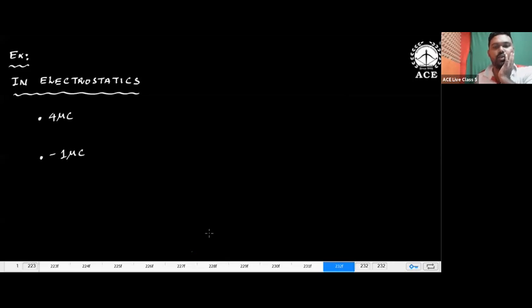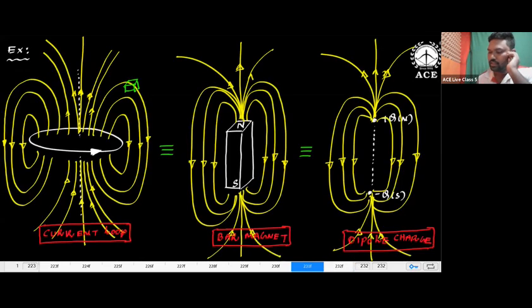Let us say this 4 microcoulomb is creating 400 lines and minus 1 microcoulomb is taking 100 lines. How many net lines will be there? The net charge in the system is 3 microcoulombs. But here there is nothing like that, no such scenario.